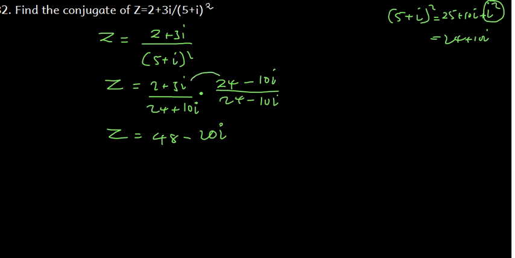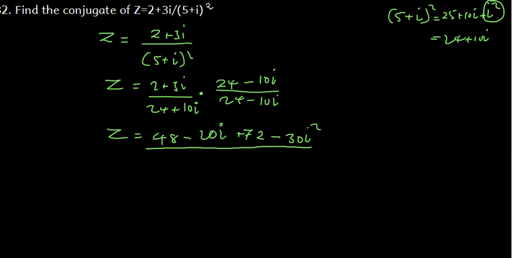3i times 24, that is going to give us 72i. And then you have got positive 3i times negative 10i, that will give us negative 30i squared.